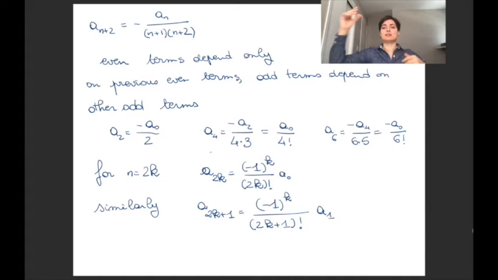That term has the shape (-1)^k divided by (2k+1) factorial, all of this multiplied by a1. This has a pattern we were discussing. All even terms only depend, if you go down in the sequence, on a0, and all odd terms depend, if you go down in the sequence, on a1.